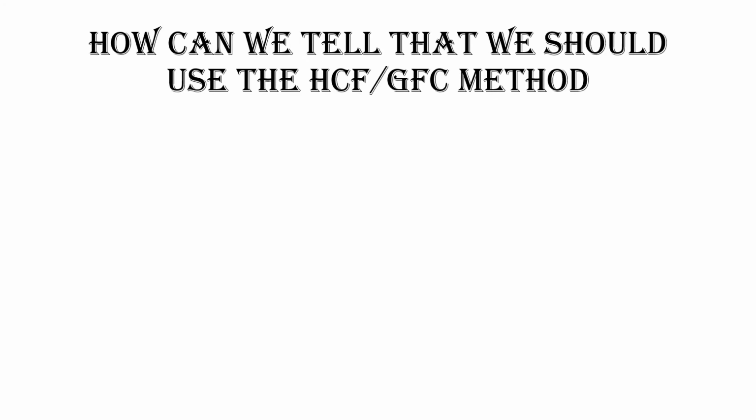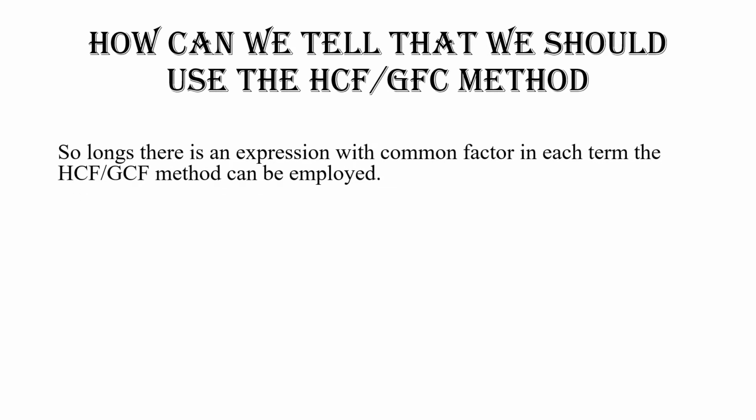How can we tell that we should use the HCF or the GCF method? Okay, right away. So long as there is an expression with common factors in each term, the HCF or the GCF method can be employed. And this might sound complicated, but it's really straightforward. So if you get a question, for example, wild example, you see 2x, then you see 3x, and then you see 6x.